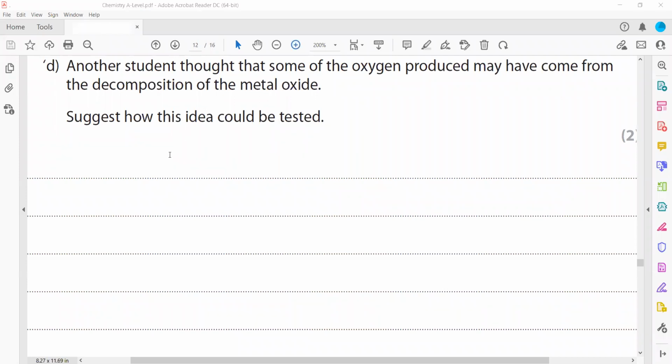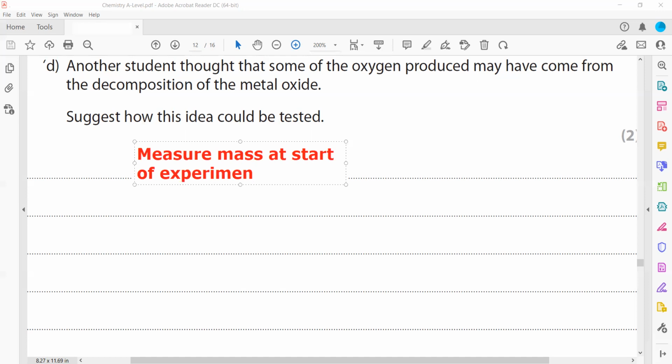The student thinks there might be some oxygen from the metal oxide, but how can he be sure there is no oxygen coming from the metal oxide? He should measure the mass at the start of the experiment. That is the first thing.